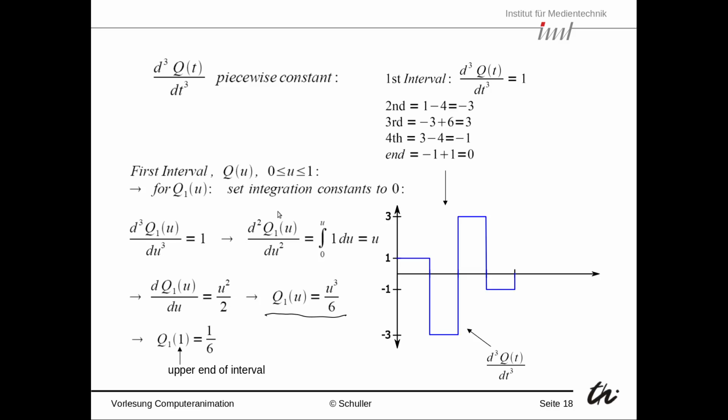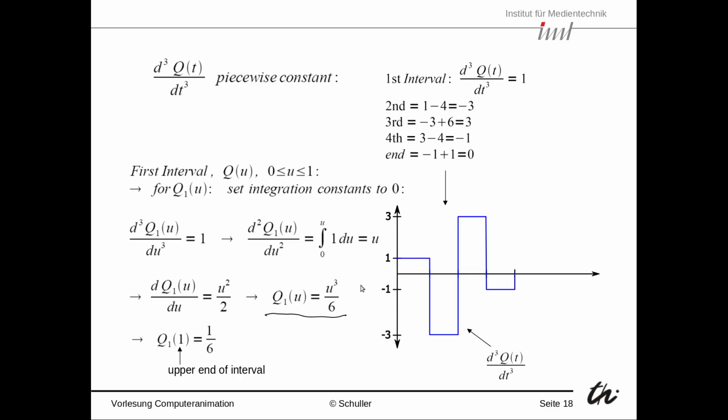So then we can take the second derivative by doing another integration. So here we get u, this polynomial u, as the second derivative. Another integration gives us the first derivative, u squared over 2. And another integral gives us the function itself, u cubed over 6.